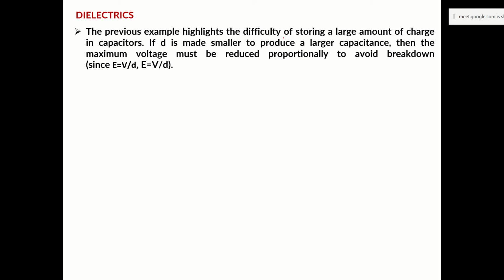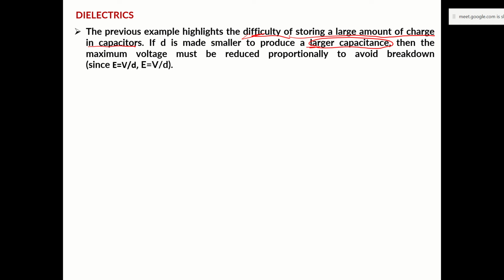There is a difficulty of storing a large amount of charge in capacitors. We want a small device storing large charges, but even with 1 meter by 1 meter plates and 1 mm separation, only a few nanofarad of capacitance is observed. So how to increase the capacitance, that is the question.